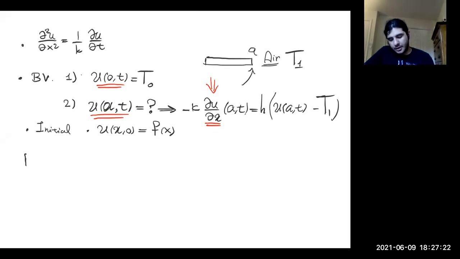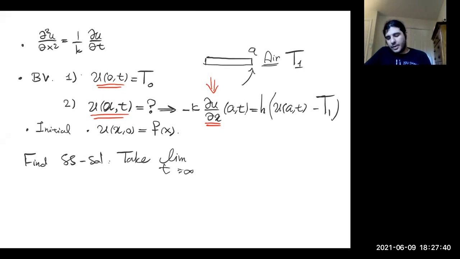And we want to find the steady state solution. So it's quite simple. We should take the limit of everything and send t to infinity.